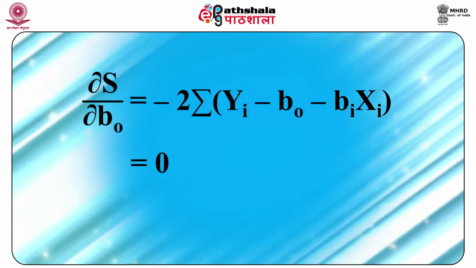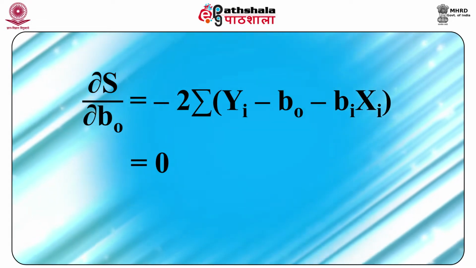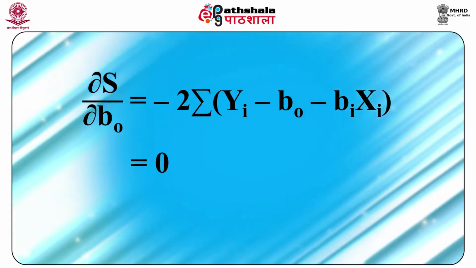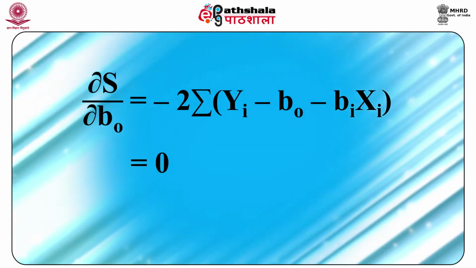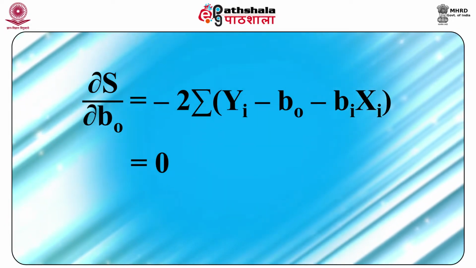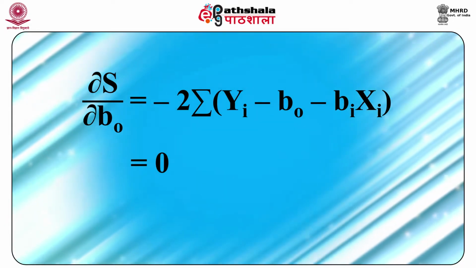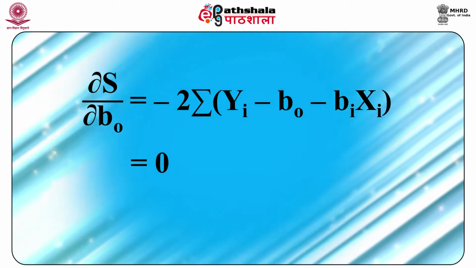To minimize S, we differentiate S with respect to b0 and b1 and equate it to 0. So, derivative of S with respect to b0 is equal to 2 sigma (yi minus b0 minus b1 xi) into minus 1 equal to 0.